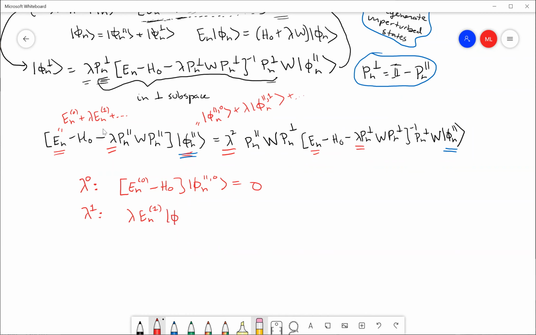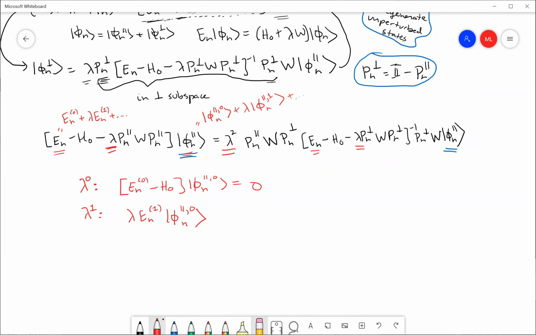So that's phi parallel 0, because we're just looking at all the terms that are linear in lambda here.